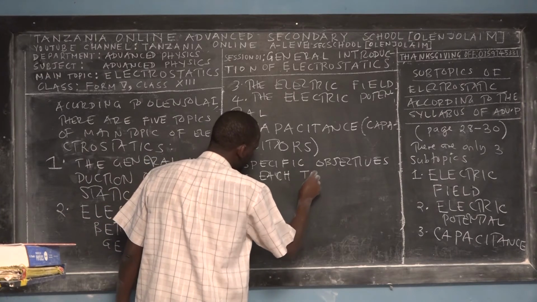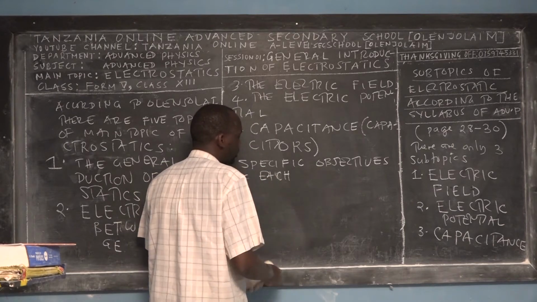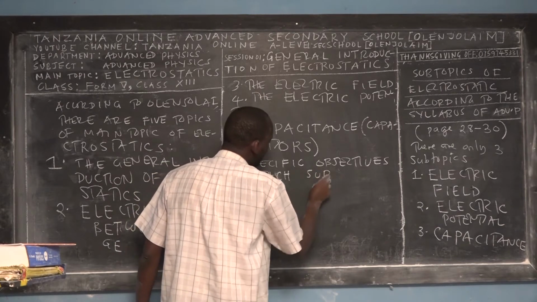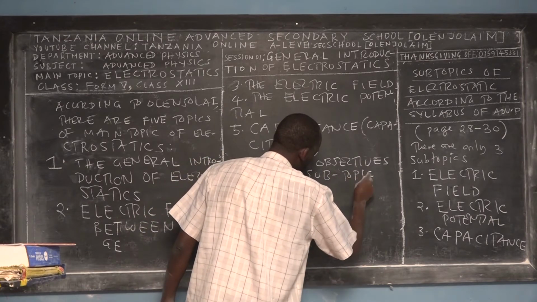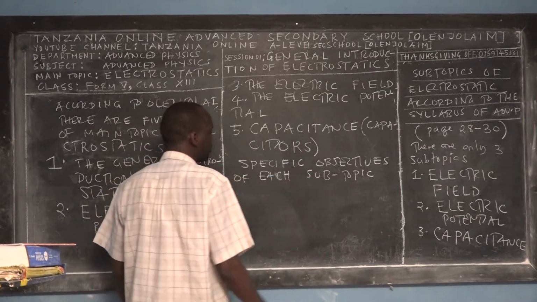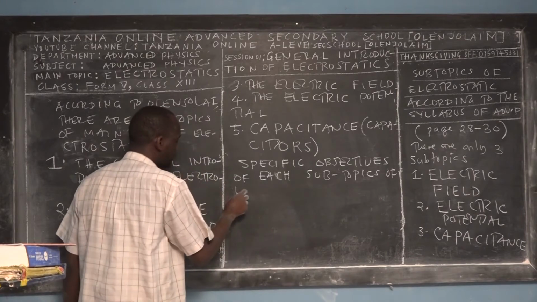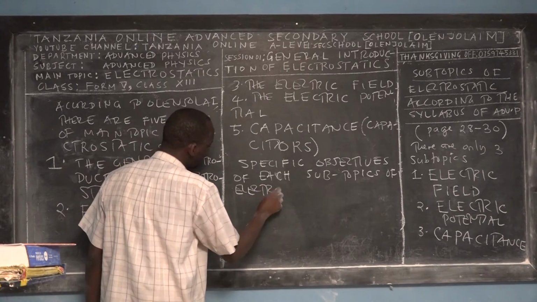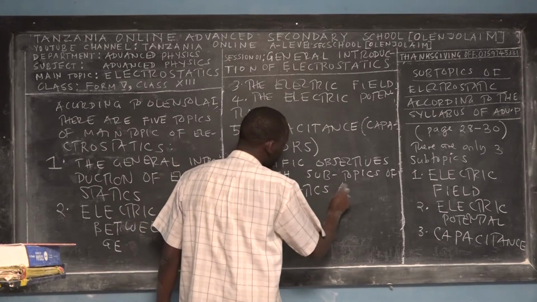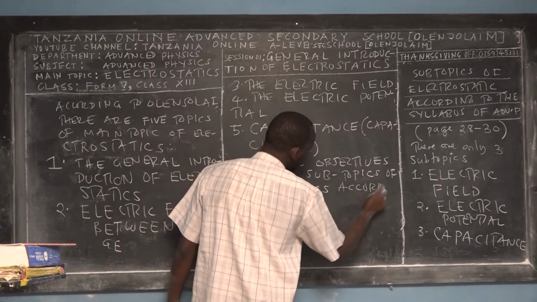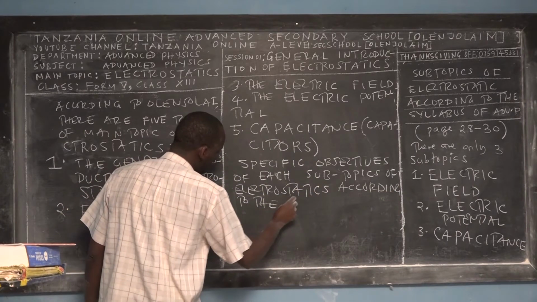Each subtopic, let's say, because the syllabus calls them subtopics, don't fuss over how they call it, rather focus on what it contains. Subtopics of electrostatics, according to the syllabus.